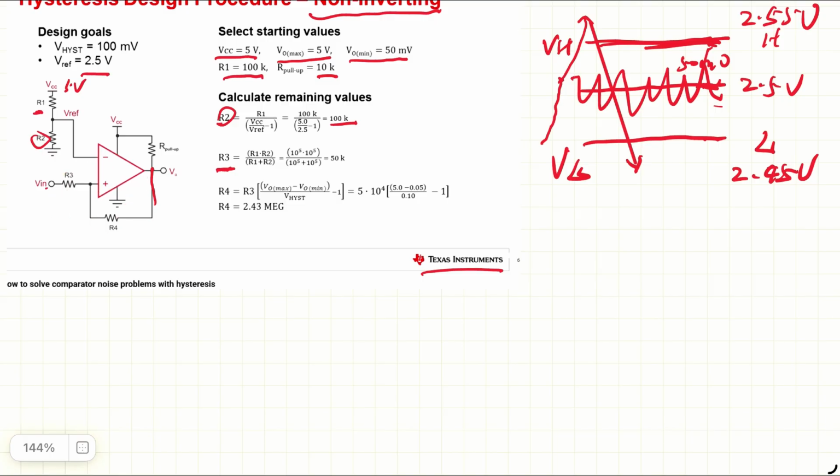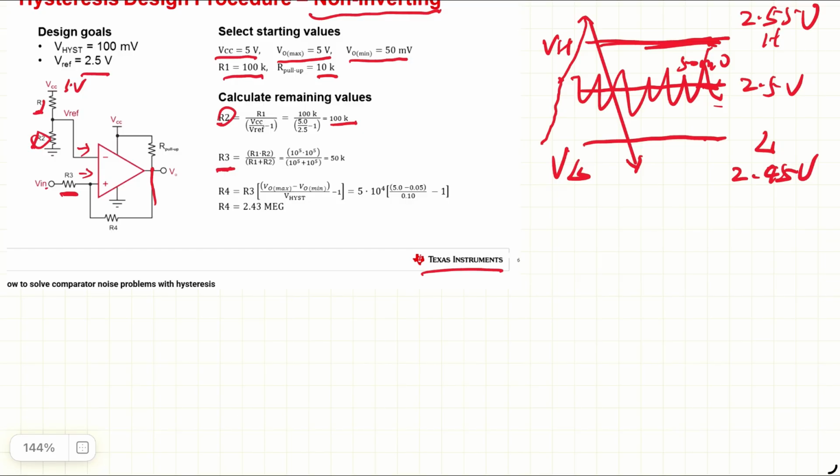So let's talk about R3, the input resistor. We choose R3 to be the parallel resistance of R1 and R2. Why is that? It makes a little bit of difference, because normally the comparator has an input bias current, meaning a very small current might flow into or out of the op-amp.